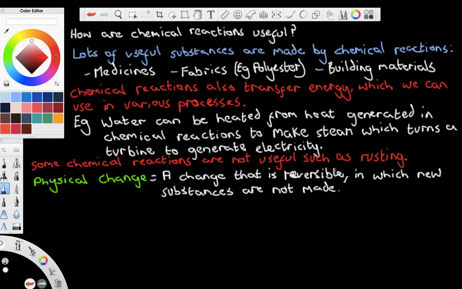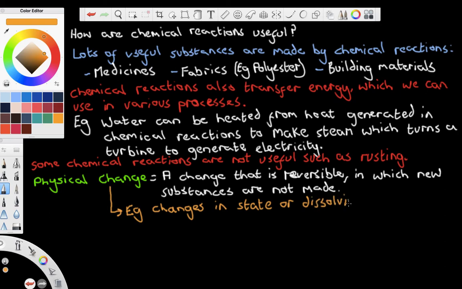Examples of these would include something going from a liquid to a gas, or just a change of state, or dissolving. So we can put underneath, for example, changes in state or dissolving. An example would be water becoming ice.